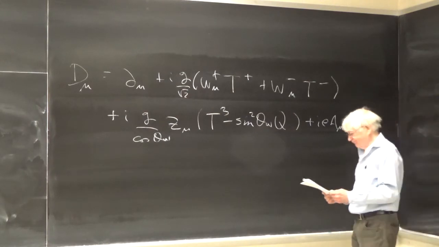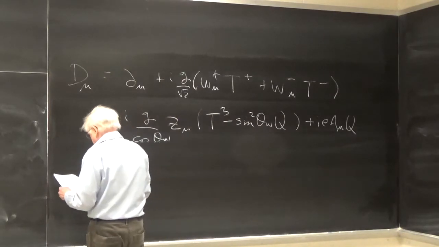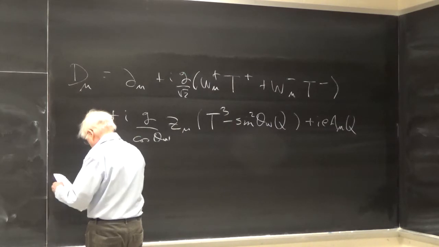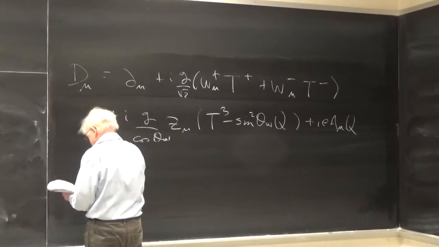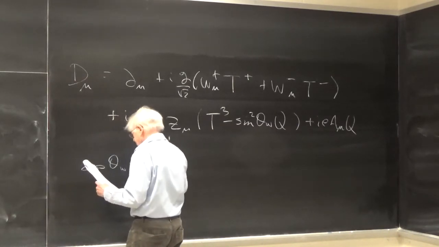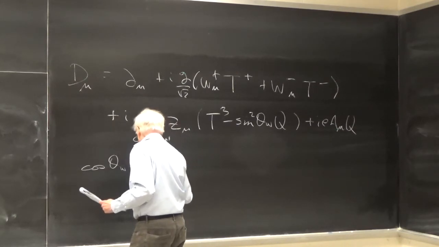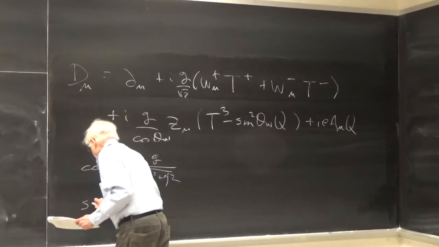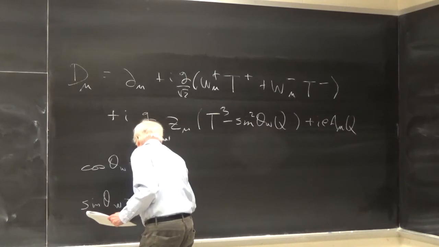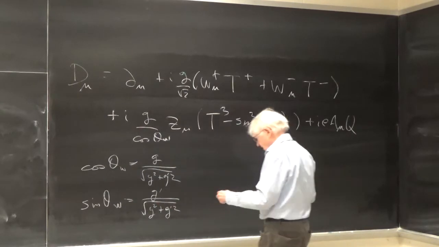Let's remember that in terms of these, the definition of the weak mixing angle is that cosine of theta W is g over the square root of g squared plus g prime squared, and sine of theta W is g prime over the square root of g squared plus g prime squared.